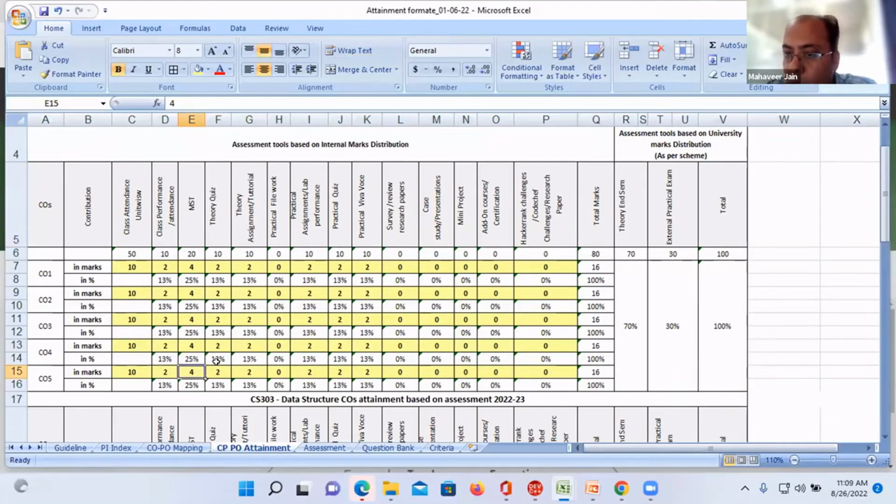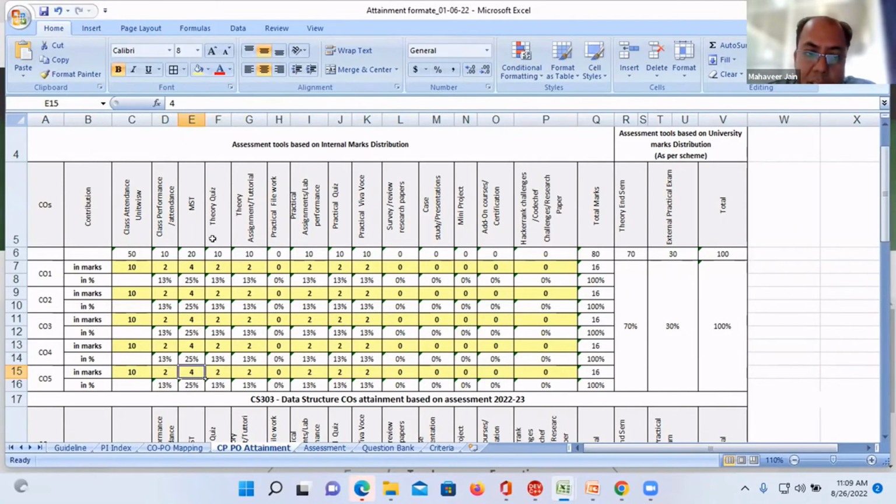So overall there are 20 numbers for my MST, but they are bifurcated across the units. I will ask a 4-number question from unit 1, likewise unit 2, unit 3, unit 4, unit 5. It can be different in your case; that is your planning and your decision.